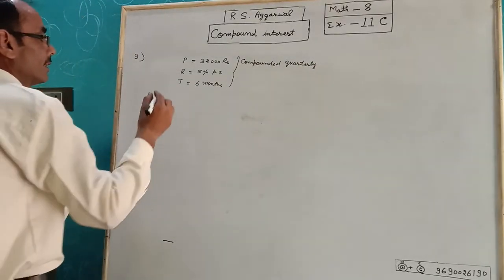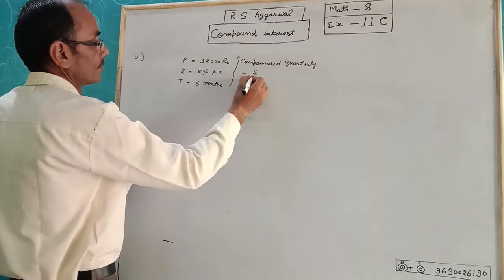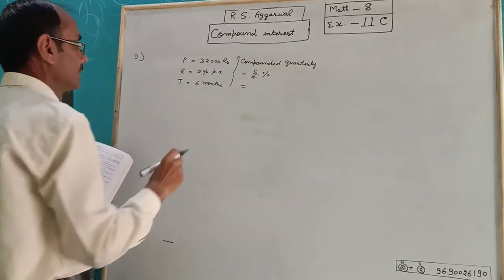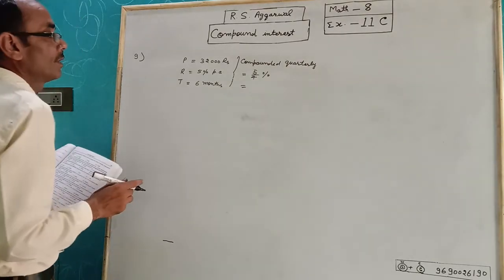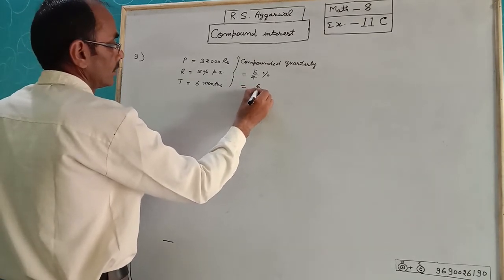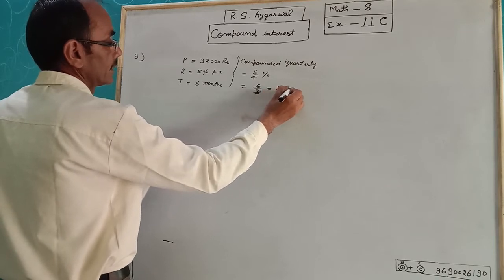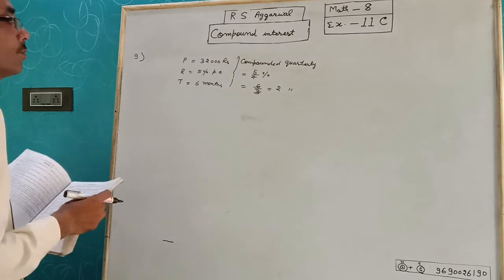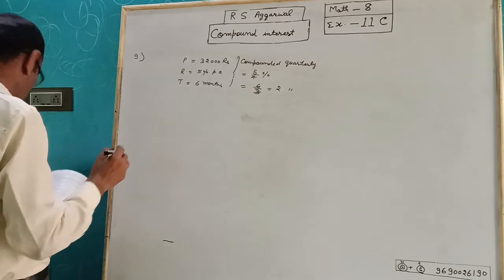For quarterly, R divided by 4, and 6 months, 3 months will be 1 quarter. 6 upon 3, 3 2 ja 6, 6 months is 2 quarters.